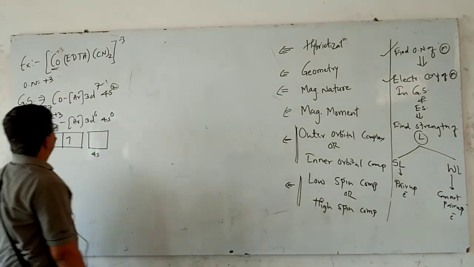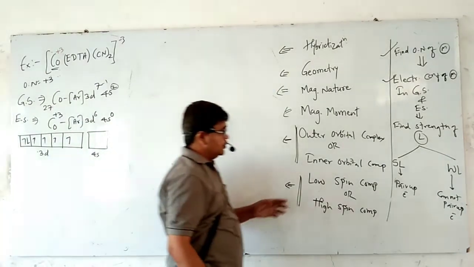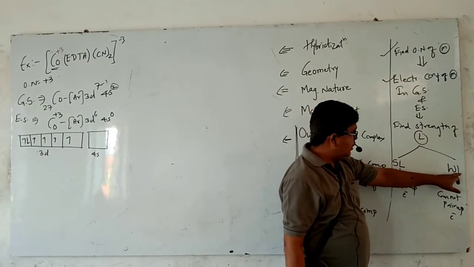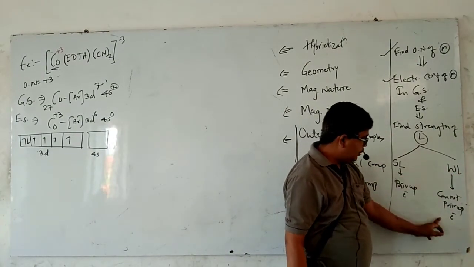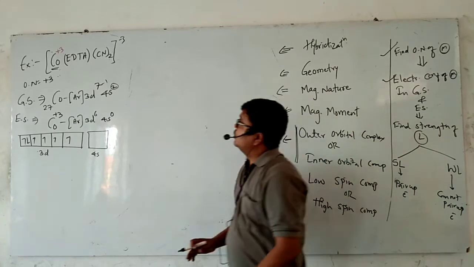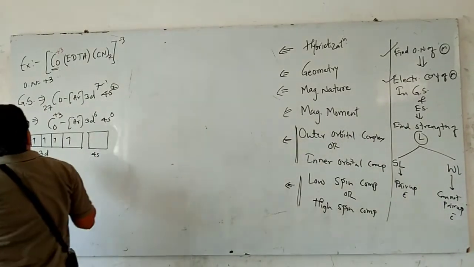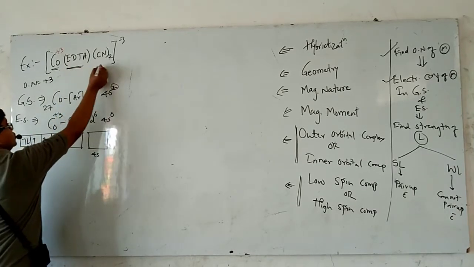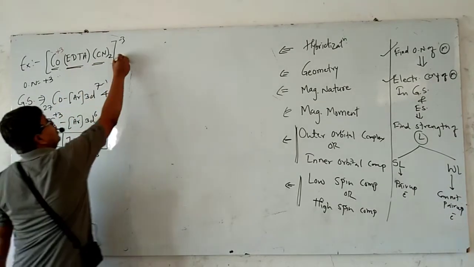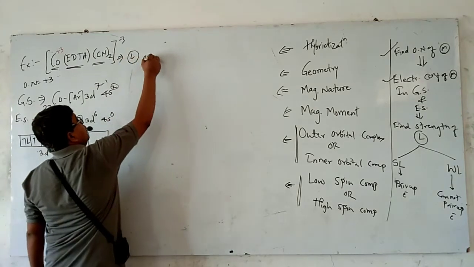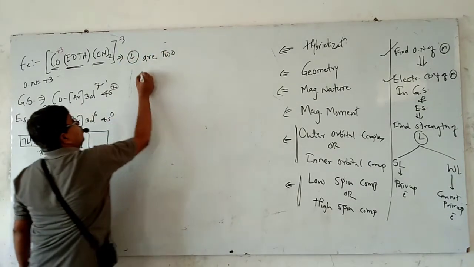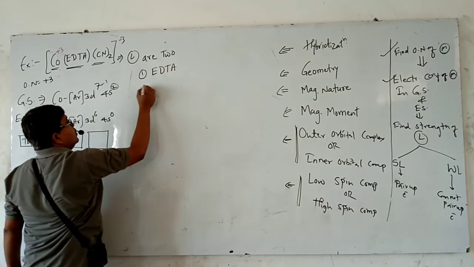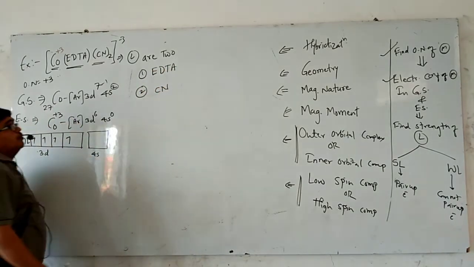Now if your ligand is strong, then it will pair up the electrons, and if the ligand is weak, it cannot pair up the electrons. Now see, in the given complex there are 2 ligands. First is EDTA and second is CN.